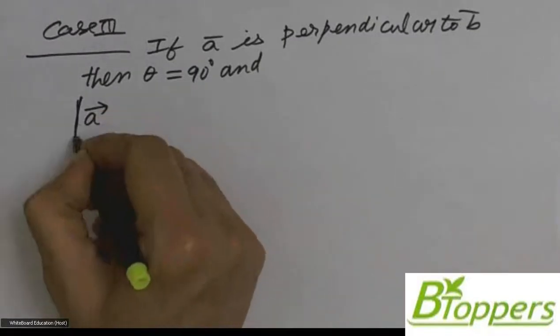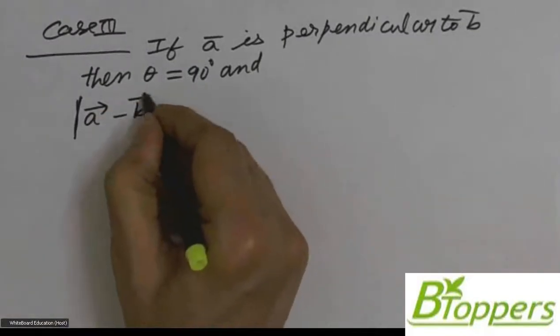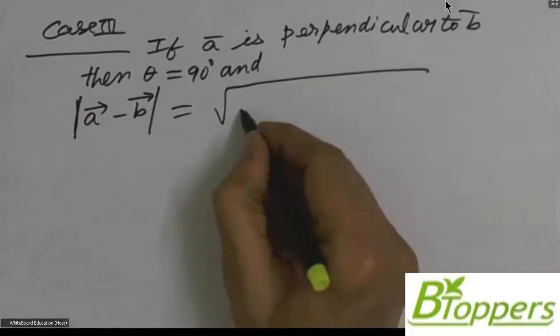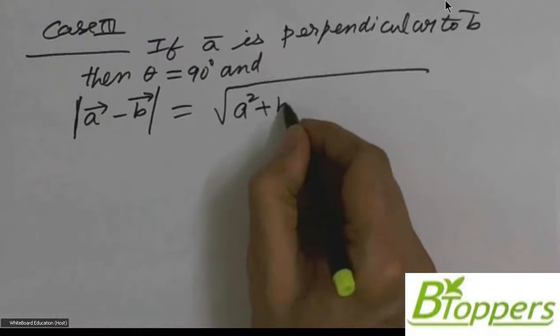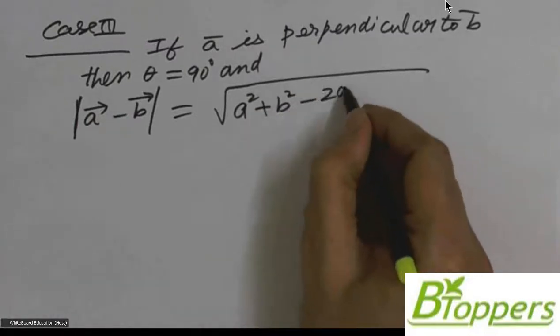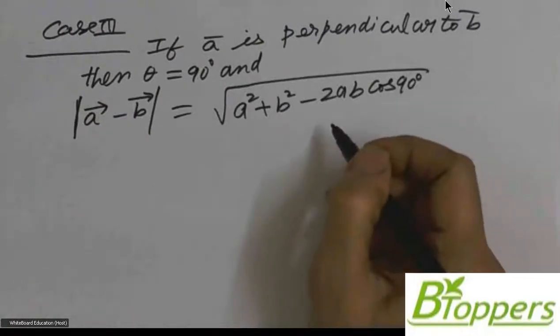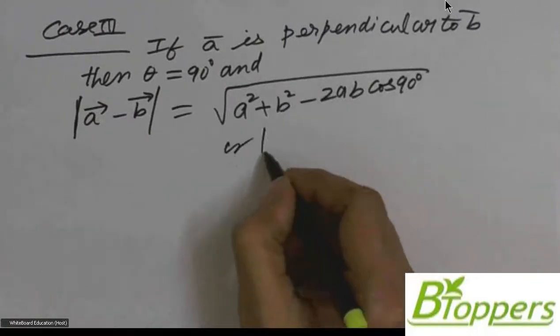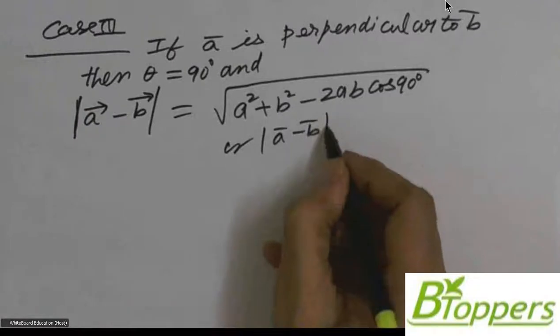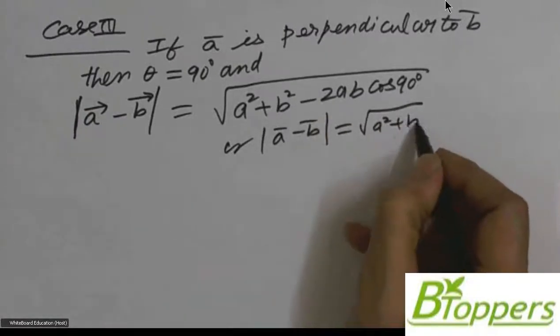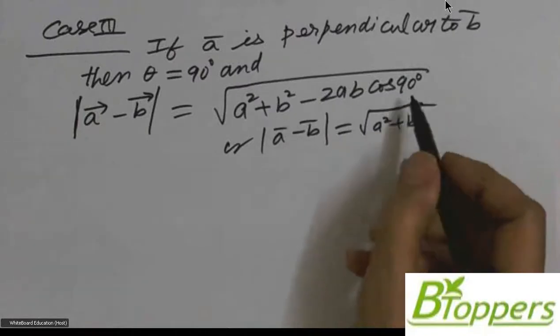The modulus of the vector difference a bar minus b bar is equal to root of a square plus b square minus 2ab cos theta. With theta as 90 degrees, I get the magnitude of a bar minus b bar equal to root of a square plus b square, because the value of cos 90 degrees is 0.